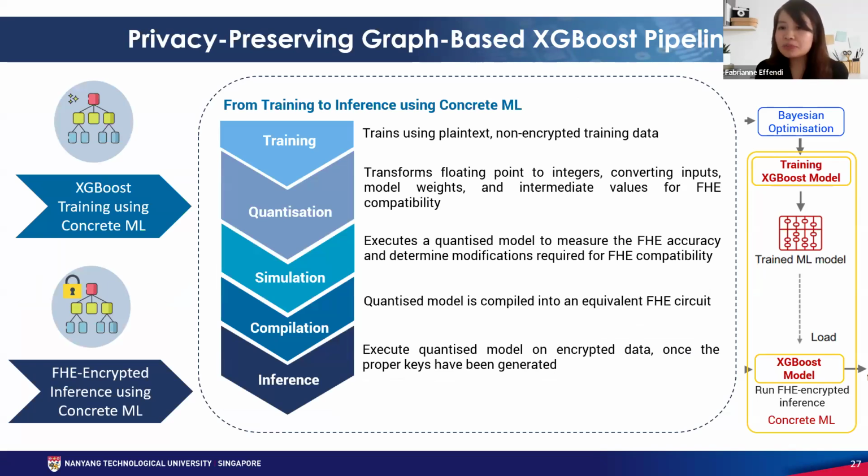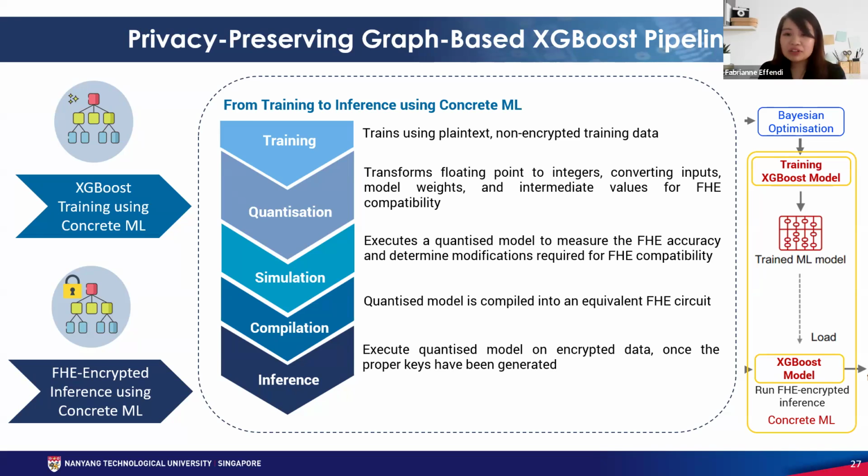And after Bayesian optimization, our optimized XGBoost then goes through this concrete ML pipeline for training and FHE encrypted inference. For training, they will be trained first on plain text, non-encrypted training data, but then after that we have to go to quantization, where these floating point values are transformed into integers in order for it to be compatible with FHE.